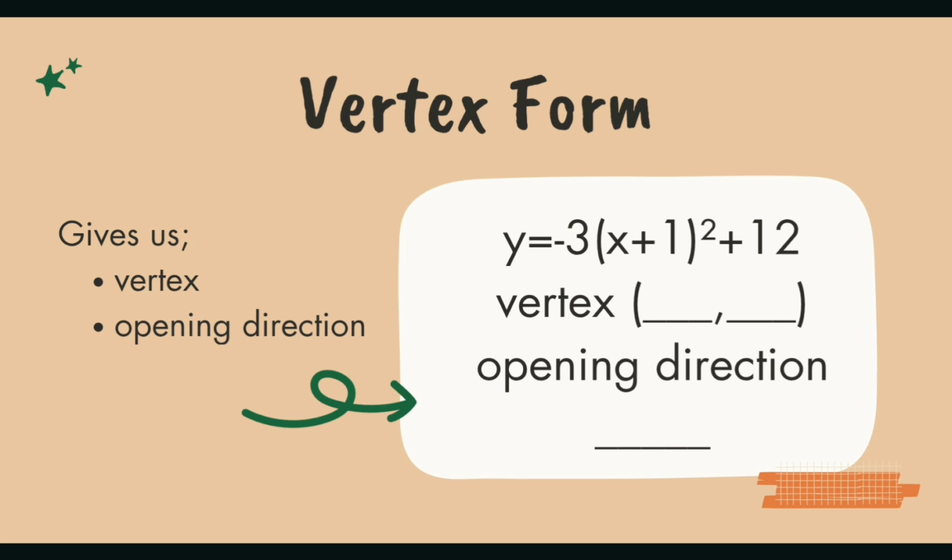Let's look at our example. y equals minus 3(x plus 1) squared plus 12. (h, k) gives us the vertex, but because the formula has a minus in front of the h, we multiply again and it gives us the vertex. So our vertex will be (minus 1, 12). And our opening direction will be down because a is negative 3.